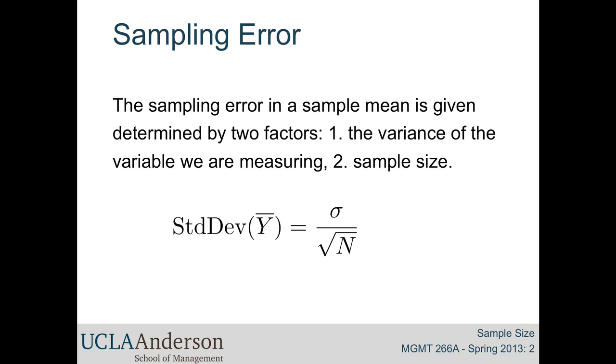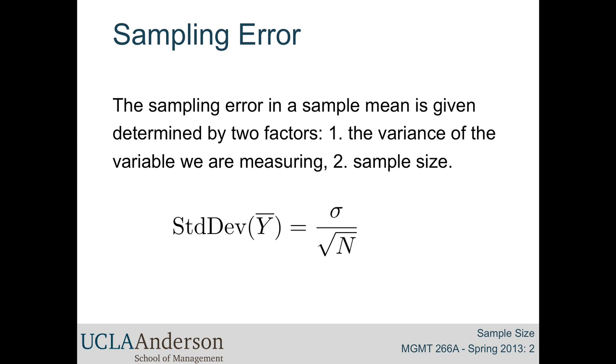For example, if we were to measure importance of a particular attribute on, say, a 1 to 5 scale, where 1 is very unimportant and 5 is very important, then we want to know something about the sampling error in our average. So we're going to measure the average of all those scales across our respondents. We're going to call that y bar, and we want to know something about the amount of error in y bar. Y bar is an imperfect measure of the true population mean.